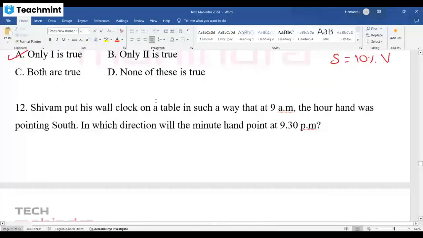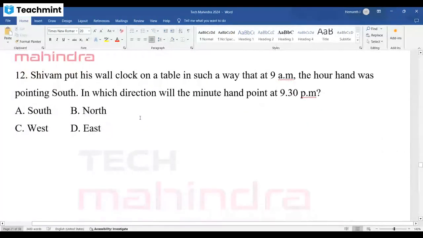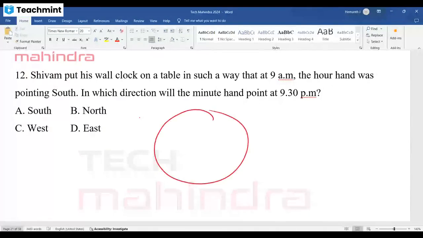Related to directions again. Shivam put his wall clock on a table in such a way that at 9 a.m. the hour hand was pointing towards south. You can put your watch in different ways, but at 9 a.m. the hour hand is showing south. My dear friend, when the hour hand is south, the opposite will be north.